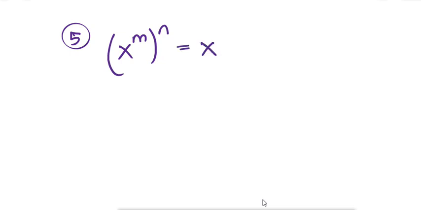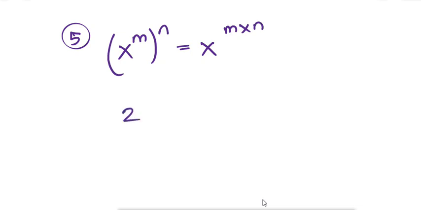Rule number 5. Rule number 5 says x to the power m whole to the power n is basically x to the power m times n.